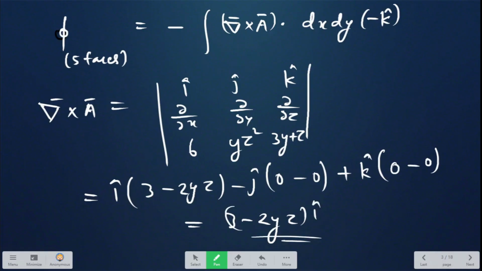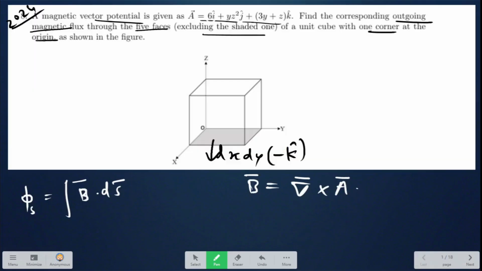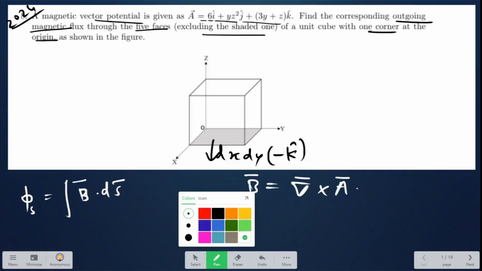Now when you evaluate this integral, you have to put z equal to 0, because this shaded phase is staying at the z equal to 0 plane.